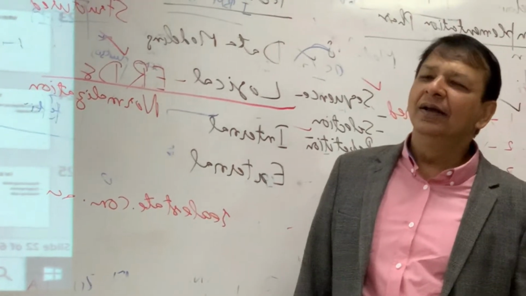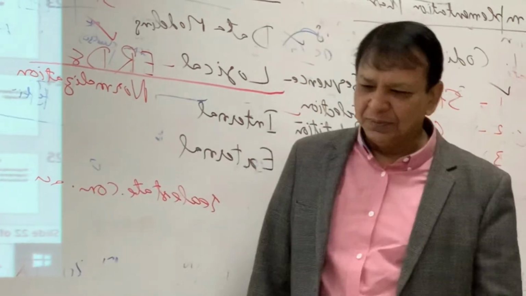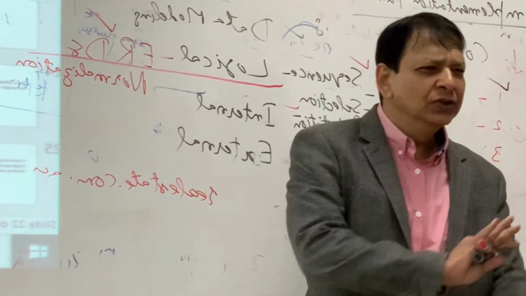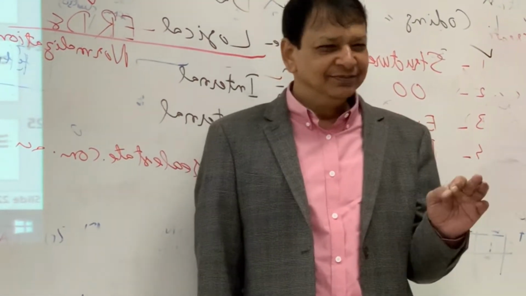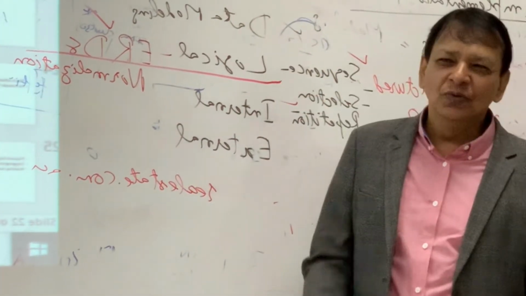And the software industry guy, the chief executive, asked me, if you have to explain to a 5-year-old kid who doesn't know programming, it's a stupid question, a 5-year-old kid, what is an object? How will you explain?